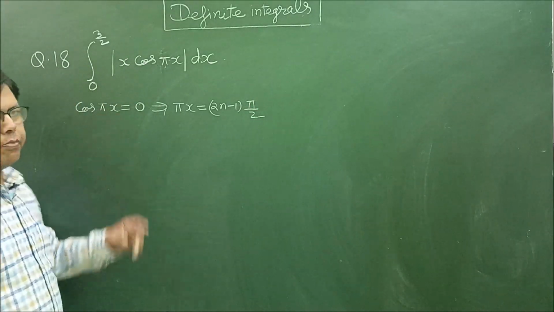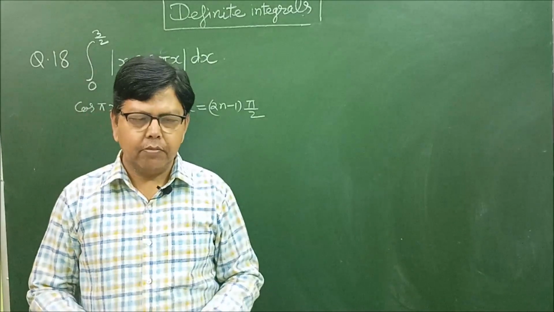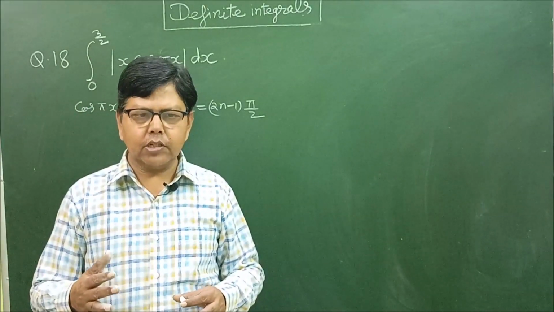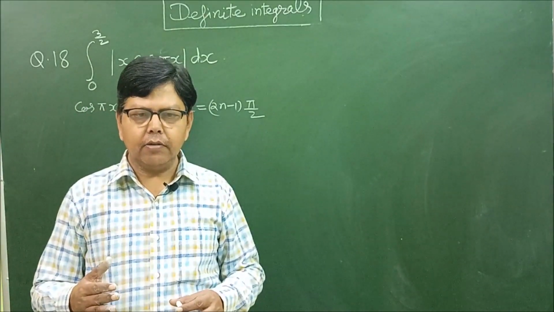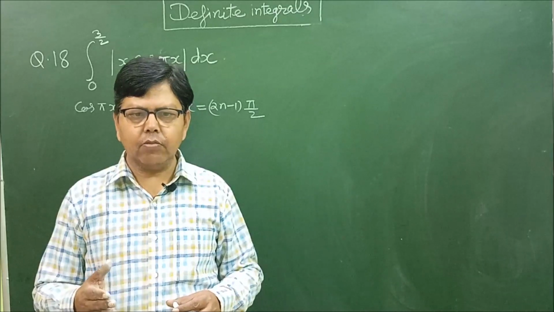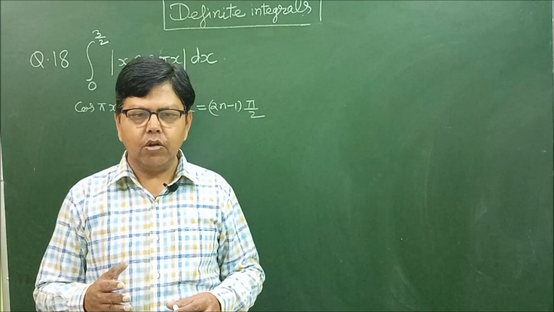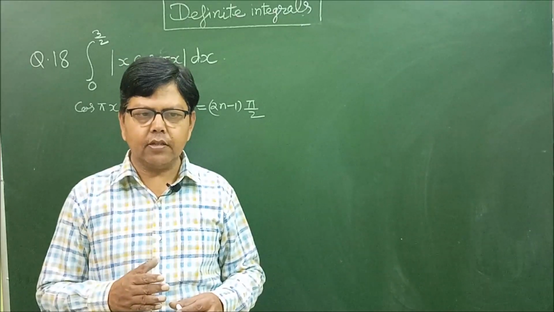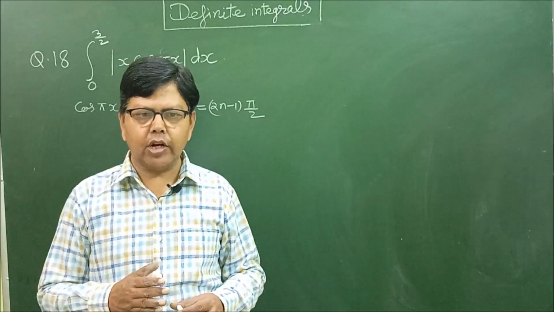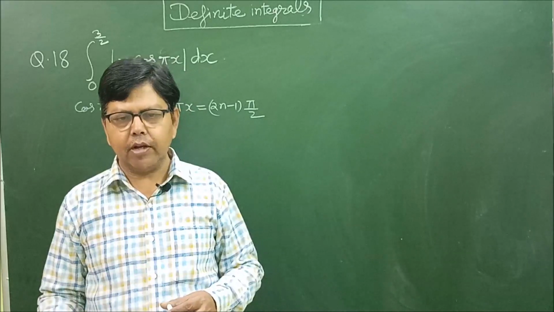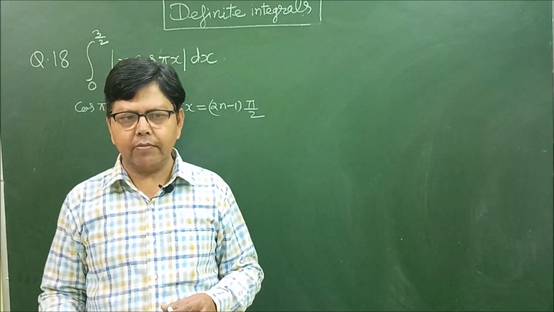I am finding these points because the nature of cos changes when its value is 0. Before that the value will be either positive or negative, and after that the value will be either positive or negative.